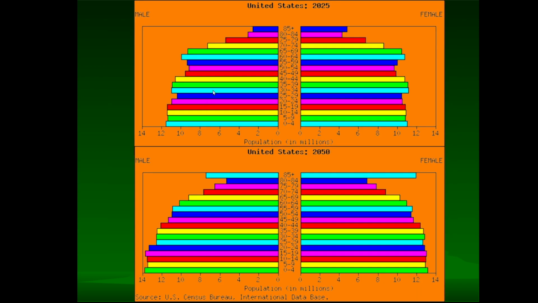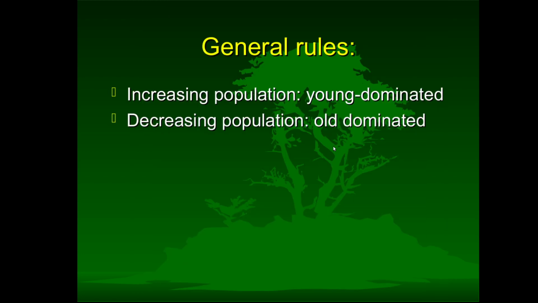Okay, so you can use these curves to predict how the population structure is changing through the decades. You can see these different cohorts moving up to increasing ages over time. And the general rules are increasing populations are dominated by young, and decreasing populations are dominated by old individuals.